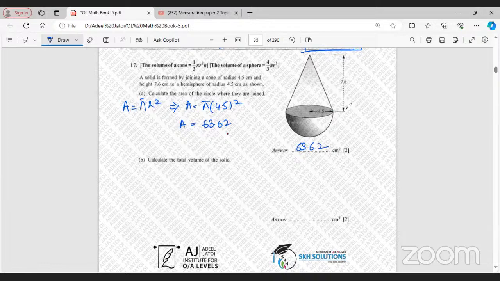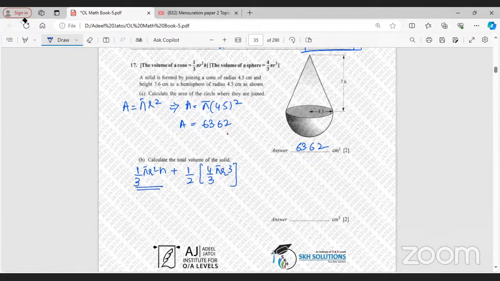Total volume of the solid. So, volume of the solid. The volume has the cone and the hemisphere. So we need to understand that we need to add the cone and the hemisphere volume. So the volume of the cone is 1 upon 3 pi r squared h plus half of 4 upon 3 pi r cube.